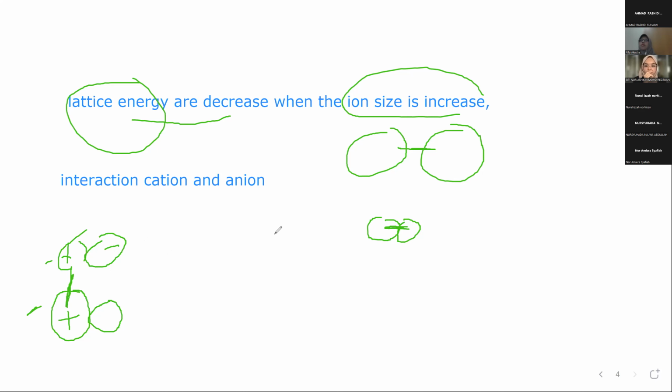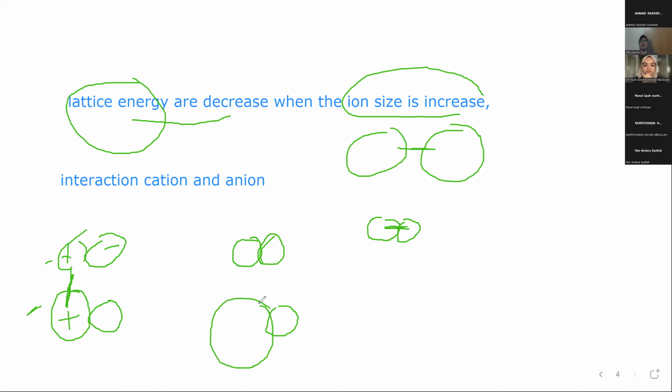I have an orange, the fruit, and now this is a watermelon. Can you illustrate in your mind the interaction?